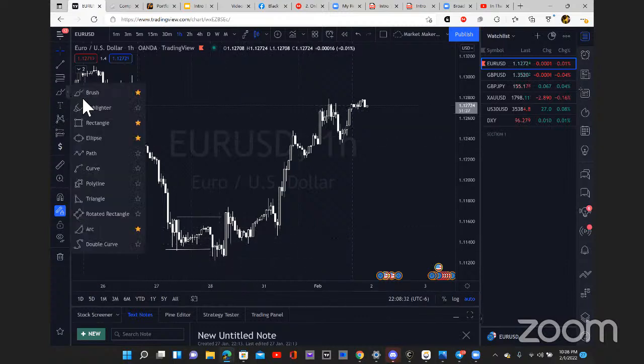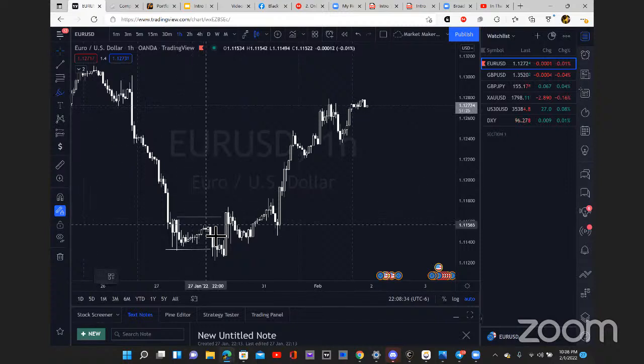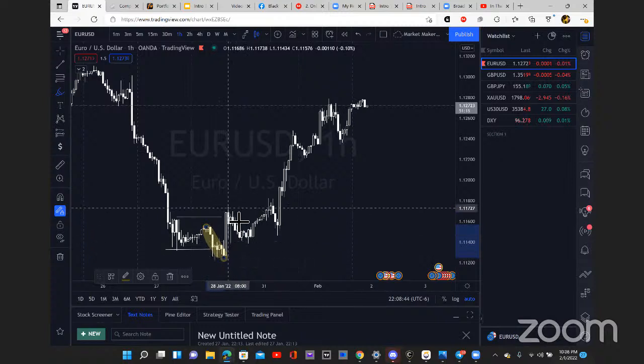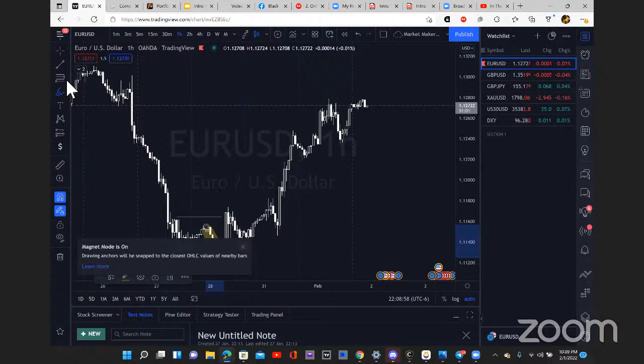Make it a little easier on the eyes. All right, so this down move right here is the move that took this liquidity on the left, right? So what you want to see is when this starts coming up, you want to see this high break this structure right here, okay? That's what you want to see. Now, that's number one.